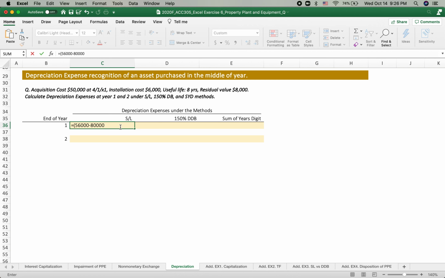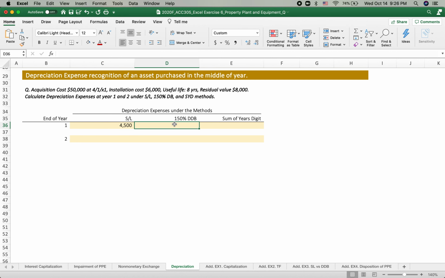Okay, so that is the depreciable cost for the straight line, times 1 divided by 8 years. But the company purchased in the middle of the year, April 1st. So the company has been using it for 9 months out of 12. So the straight line method depreciation expense is $4,500.